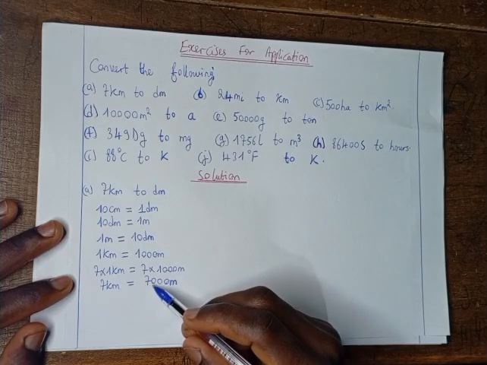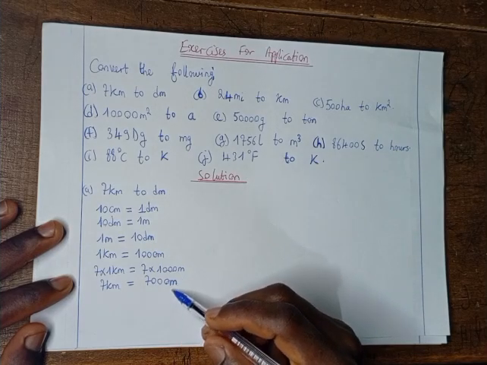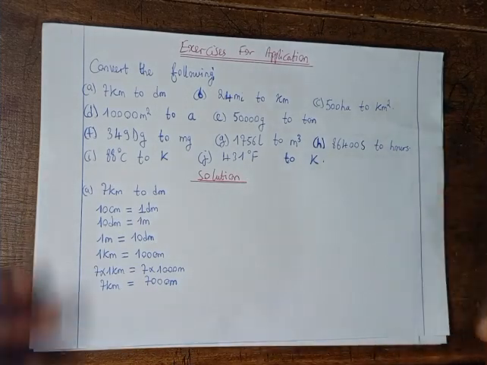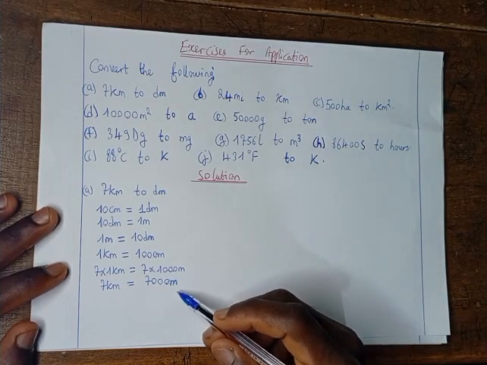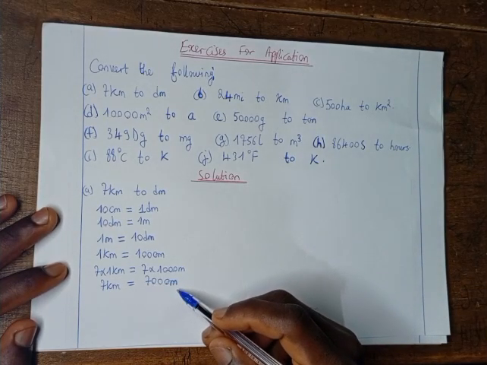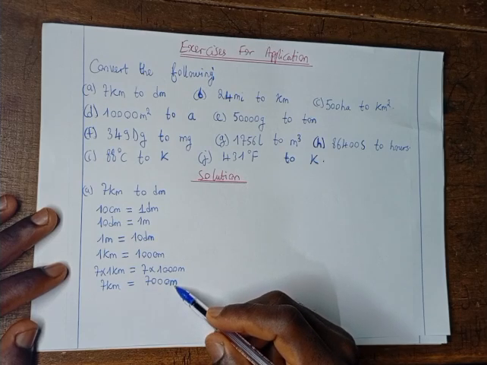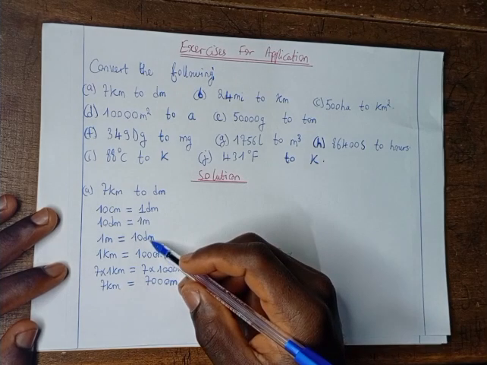So for us to convert 7,000 meters to decimeters, the value will increase because we are converting from a higher unit to a smaller unit. We know that meters is a higher unit compared to decimeters.